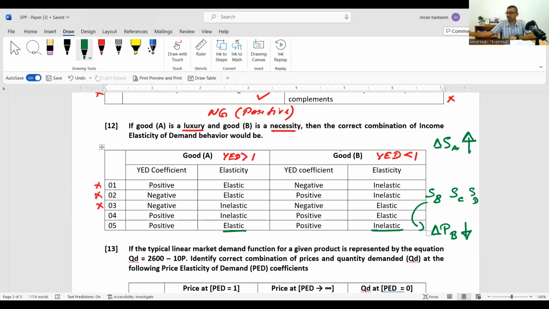Clear or not? Right. Okay, that's how we look at the relationship between production substitutes and price.